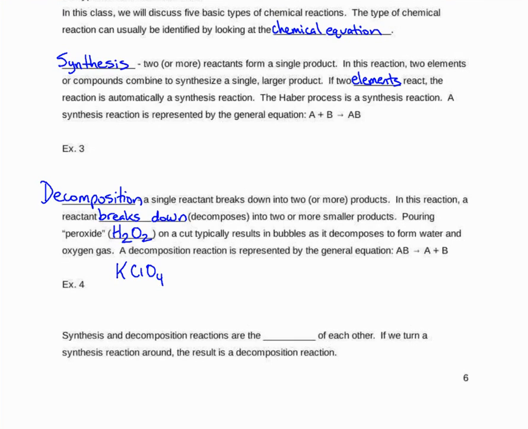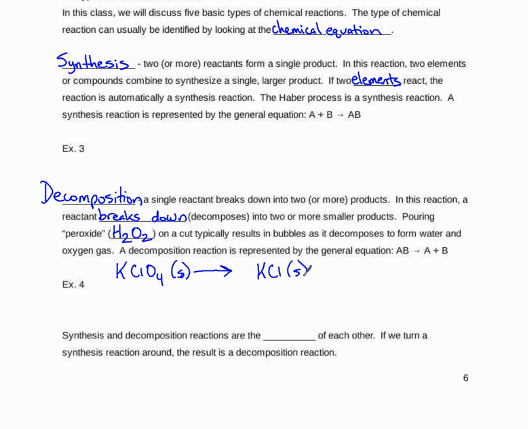So this potassium perchlorate is a solid, and what happens is it decomposes, which means it's breaking down into smaller pieces. It's turning into potassium chloride, and it's turning into oxygen gas.